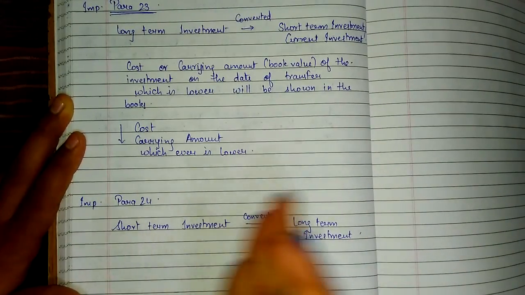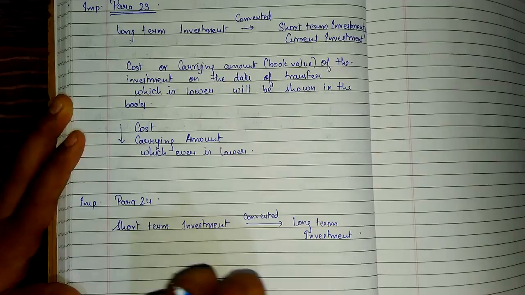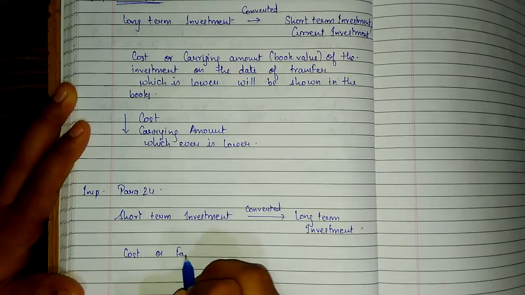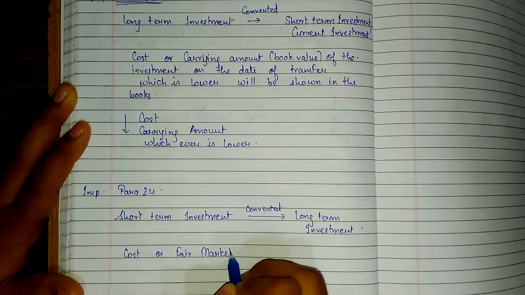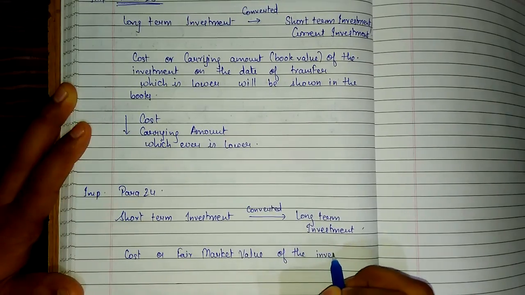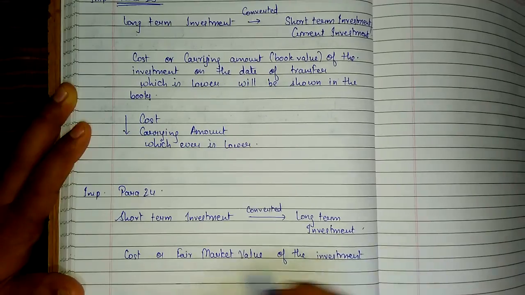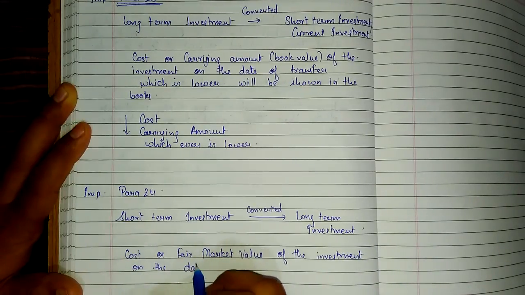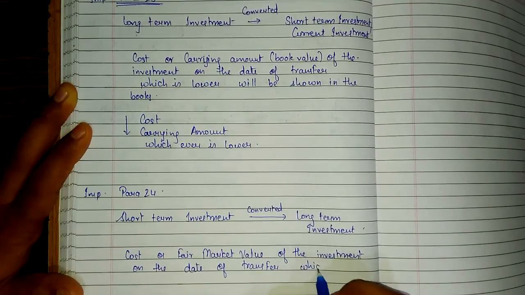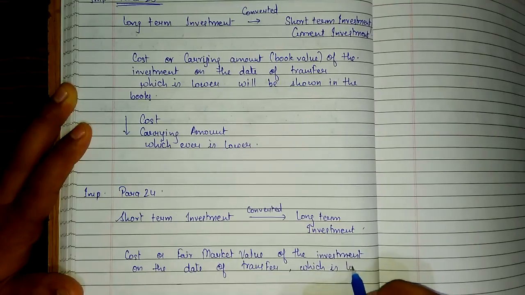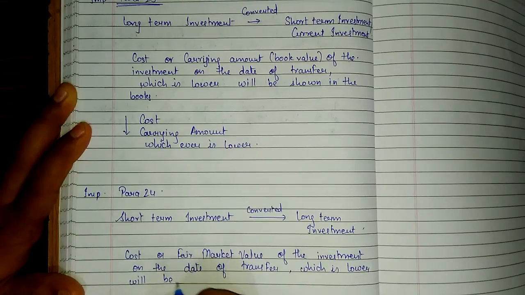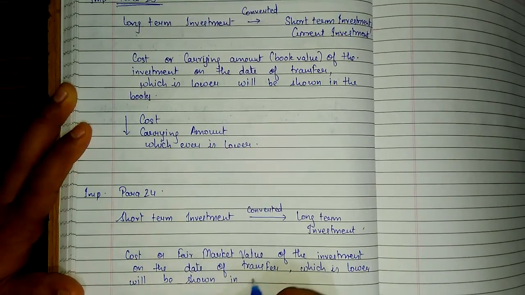How to show the value of the investment in the books of accounts? It is simple. Cost or fair market value of the investment on the date of transfer, whichever is lower, will be shown in the books.